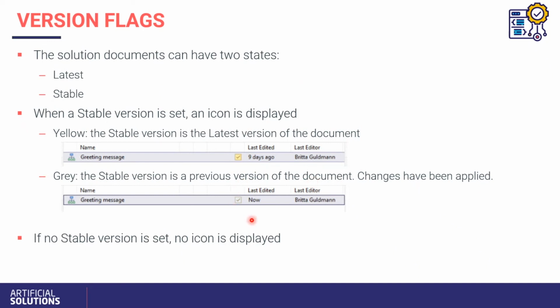If it's gray, then you're saying that the stable version is not the latest version of the document. There have been some changes to the document since the last time you set the stable version. So maybe on this one here, you're in the middle of doing some updates, but at a previous moment in time you set a stable version on that document.